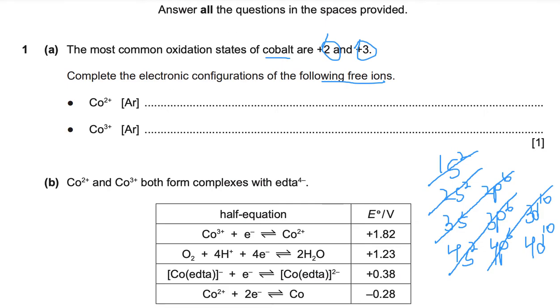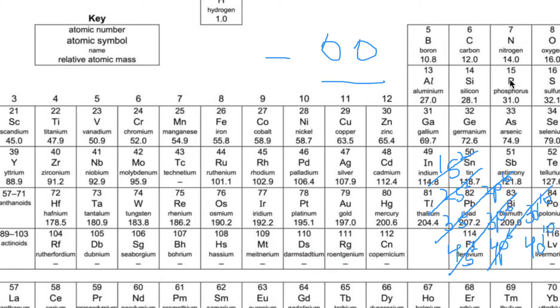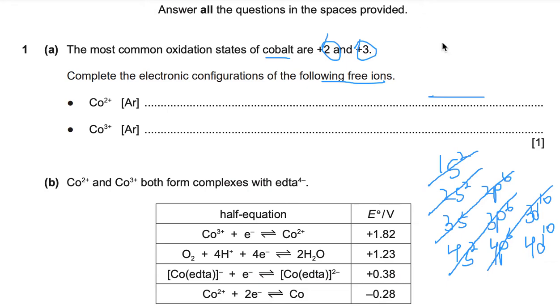So argon is how much? Let me see. So argon over here, it's written that it's 18. I don't know how to move this. So it's basically 18. Argon is 18, right? So what we do is we don't write the first 18 electrons, which is 1s2, 2s2, which makes up 4, then 2p6 is 10, then 12 with 3s2, and 18 with 3p6, right?